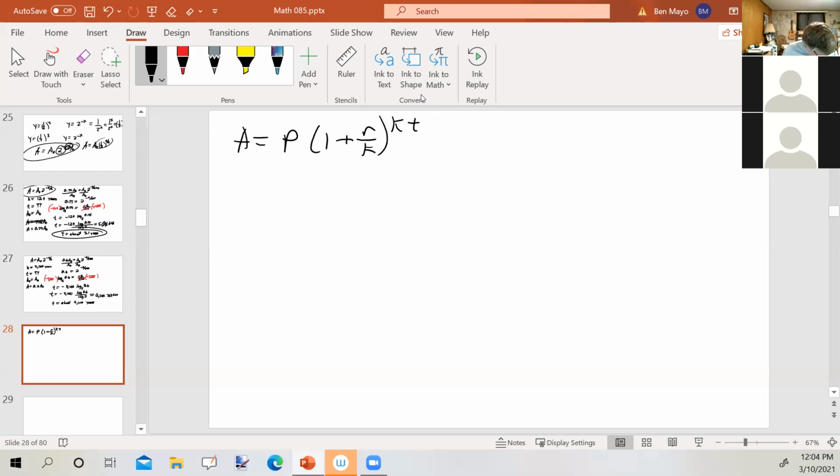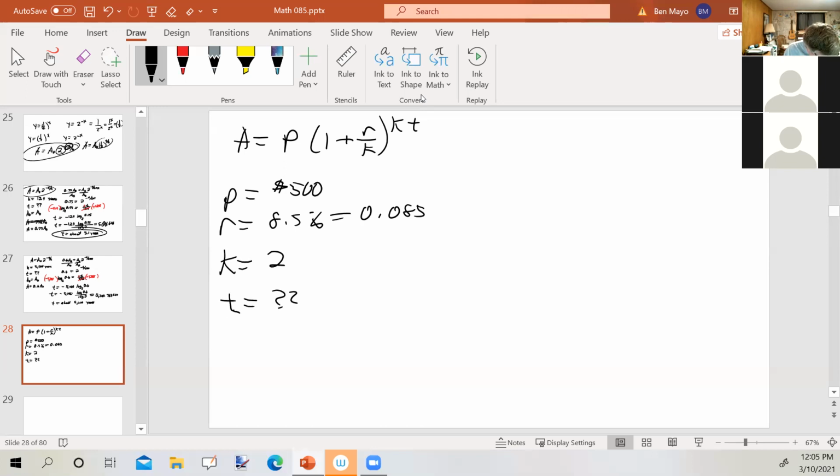If $500 is deposited in an account paying 8.5%, so P is $500 and r is 8.5%, which would be 0.085. Compounded semi-annually, so k is 2. How long will it take for the account, so the time is the unknown, to increase to $800. So the ending amount is $800.